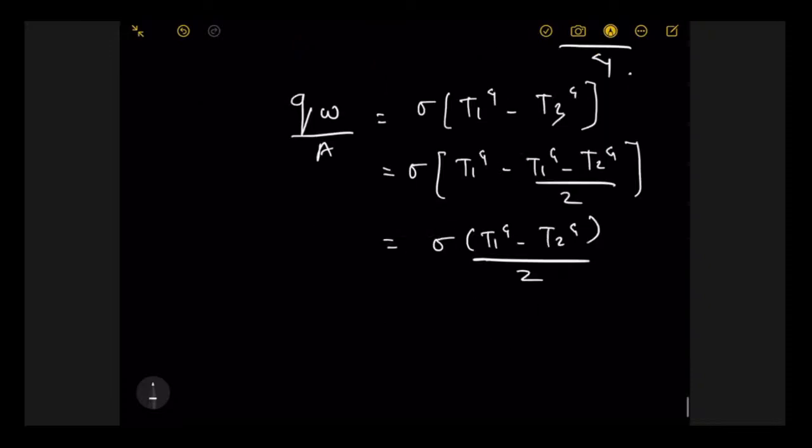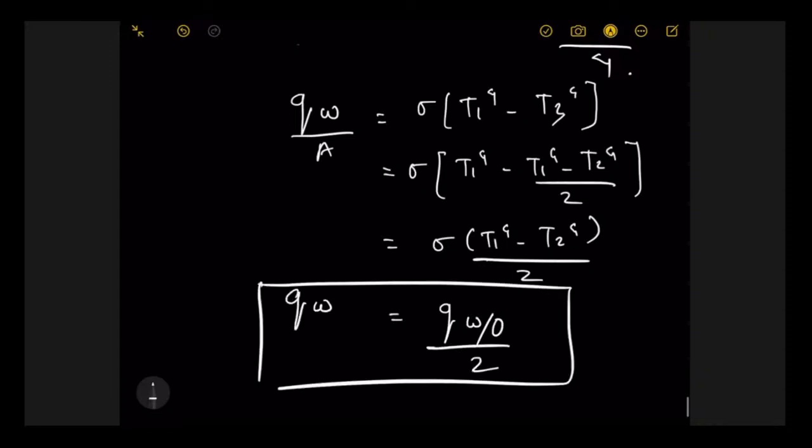So it is just half of Q without shield, which means there will be 50% reduction in the heat transfer. Whenever you insert one shield, it will act as a protection to maintain the temperature inside the reactor.